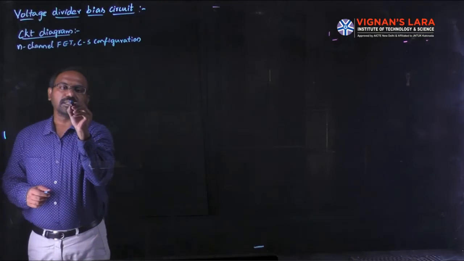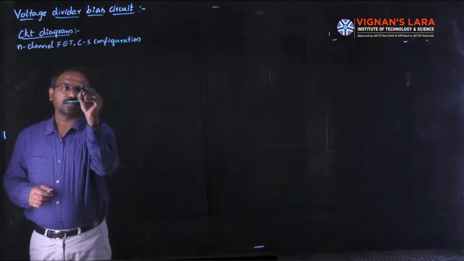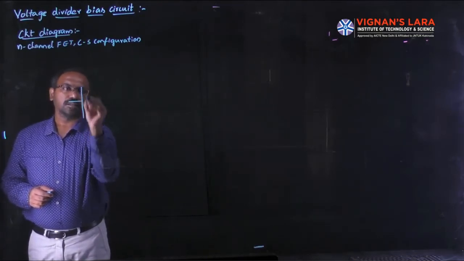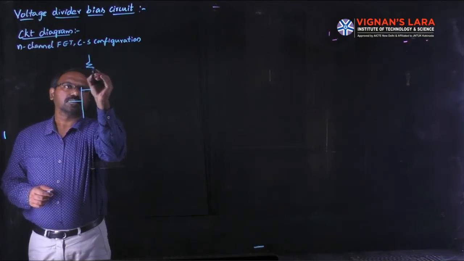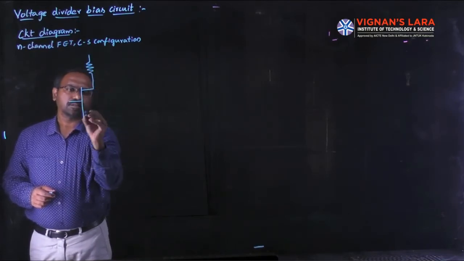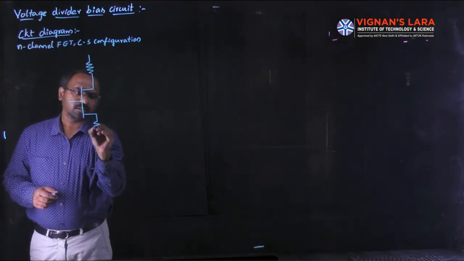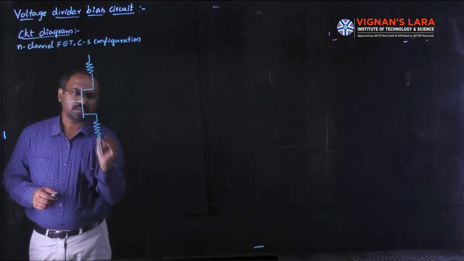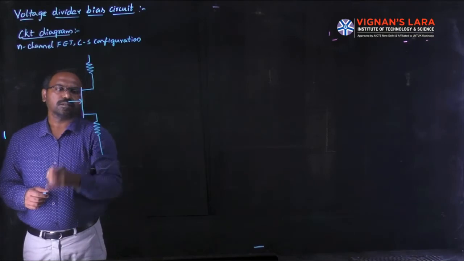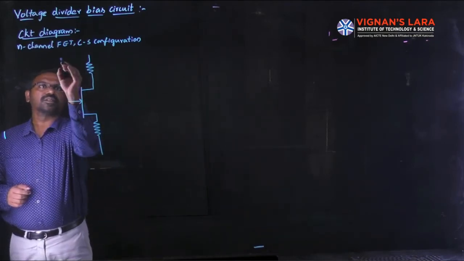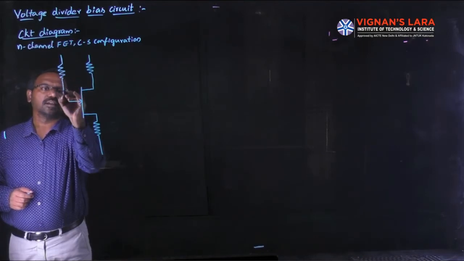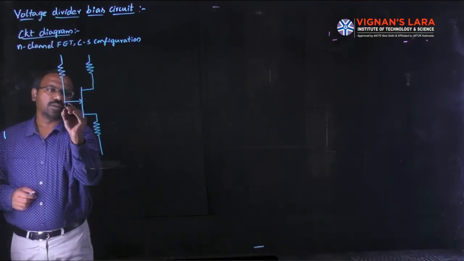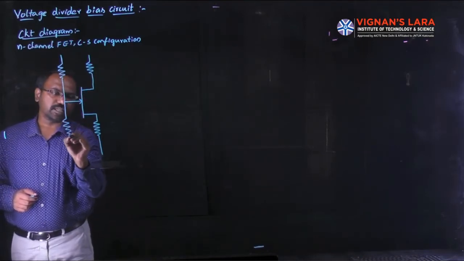So I am taking an N-FET with an arrow mark. The voltage divider network consists of two resistors, R1 and R2, connected at the input side.